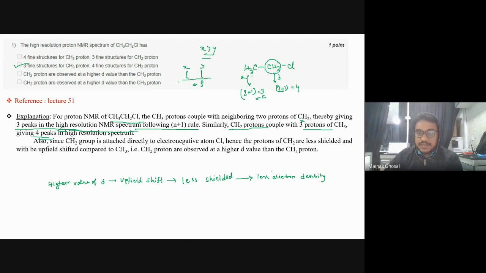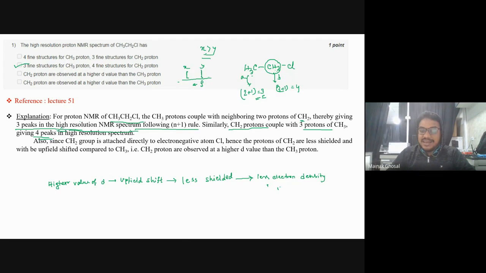You can see that CH2, this B, is attached directly to chlorine. Since this is attached to chlorine, which is electronegative, the electron density on the proton will be less in B than in A. So I have to find less electron density.